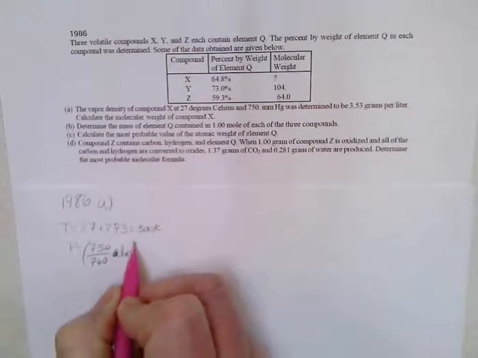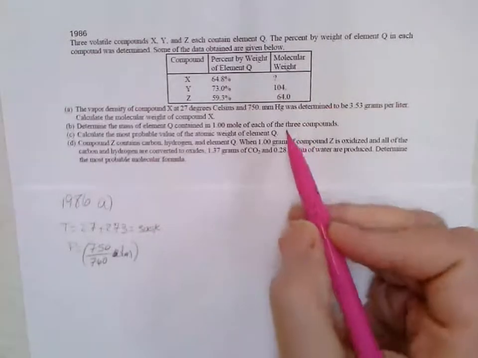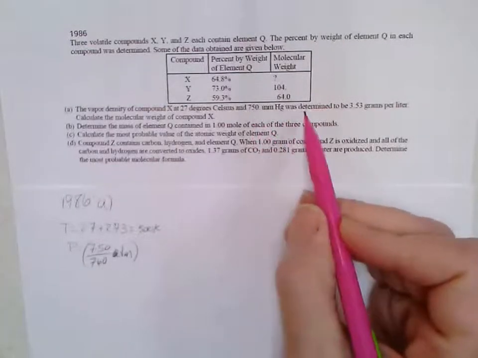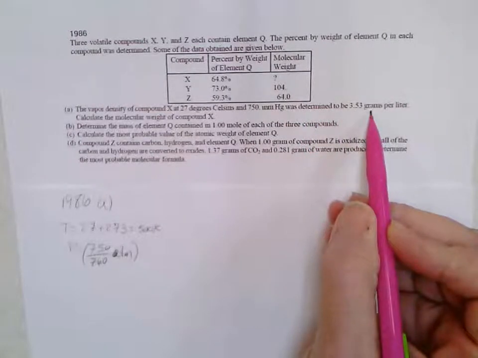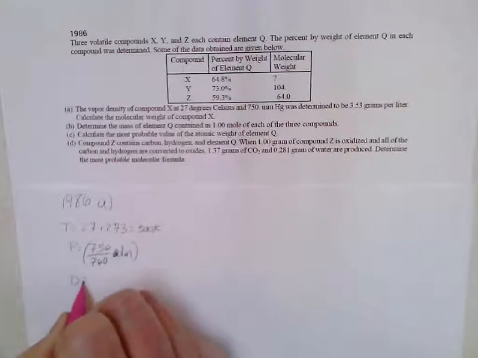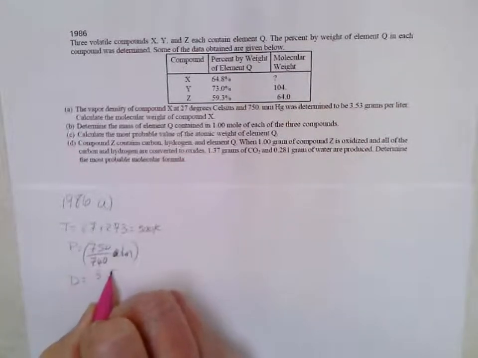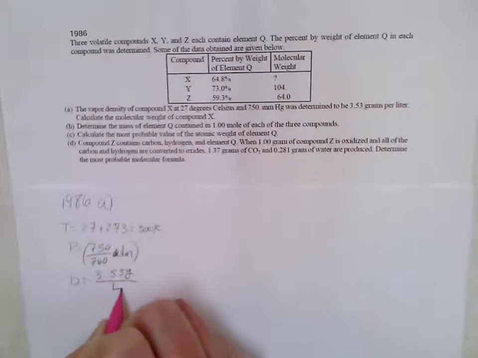I want to go ahead and convert that because I want it in the units that my R constant is going to be in. And it tells me its density was determined to be 3.53 grams per liter.